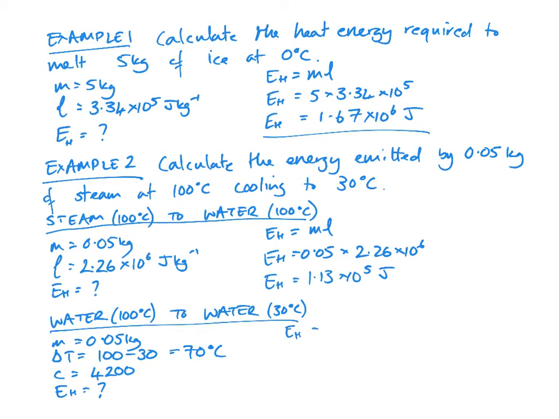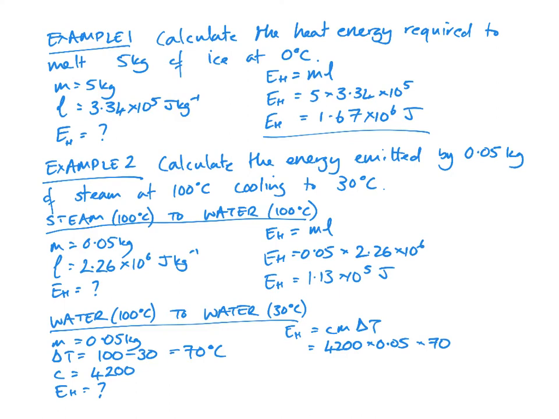So this time it's a Cm delta T calculation because we're looking at changes in temperature. So that's a key question when you're doing these types of examples. What's actually changing in the bit that I'm interested in? Is it a change of state or a change of temperature? And you've got 2 formulas now, one for the change of state, the mL, and the Cm delta T for the change in temperature.